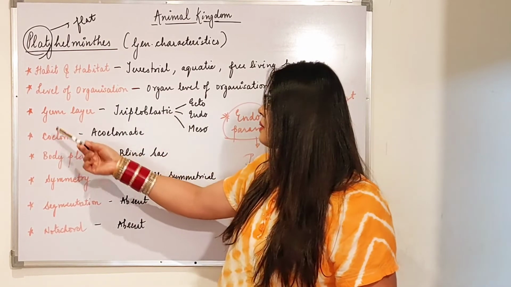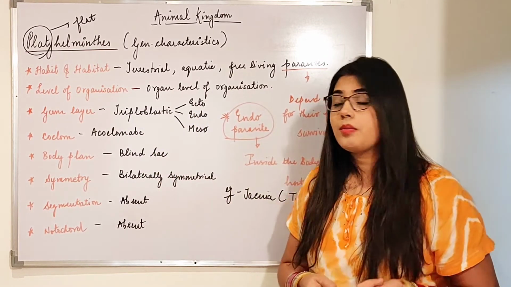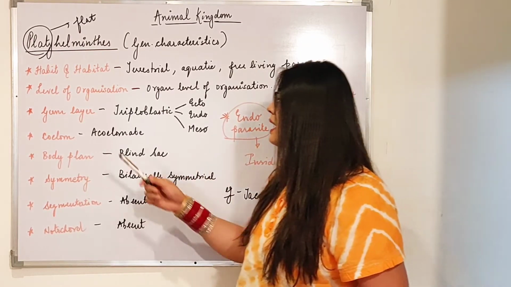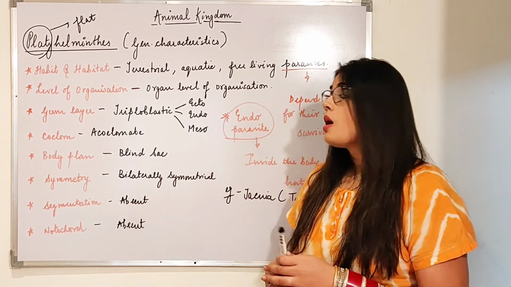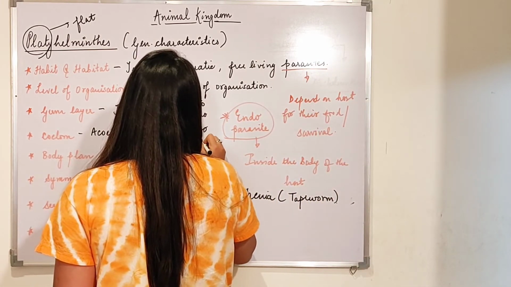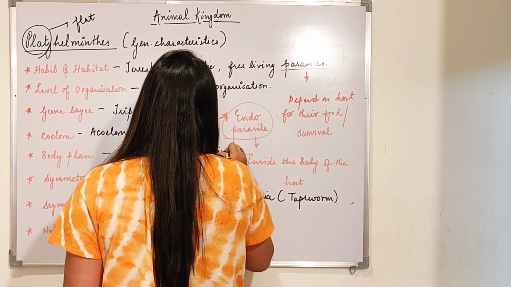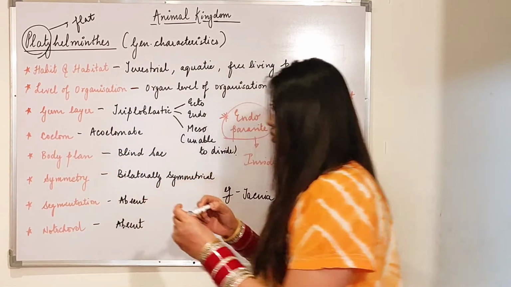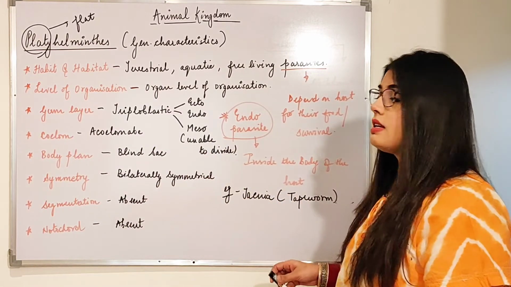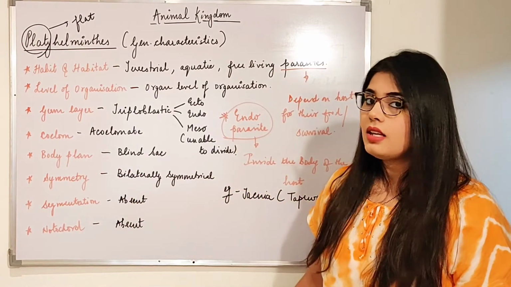But in this case all the three germ layers are present: ectoderm, endoderm, mesoderm. So they are known as acoelomates. What is the reason? Because here, beta, mesoderm is present, but it is unable to divide. So that is why it is not forming any coelom, and that is why in the coelom point we say it is an acoelomate.